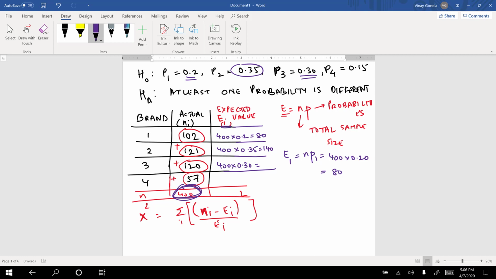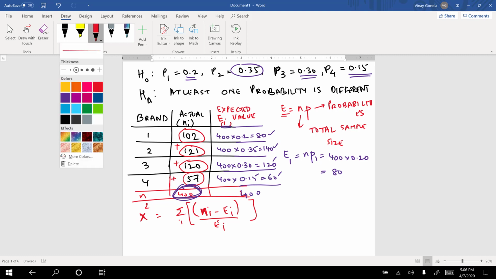This is going to be 120. And finally the fourth one, 400 multiplied by 0.15 is its probability, so that is going to give me 60. If you add these all, 80 plus 140 plus 120 plus 60, that is also going to be 400.